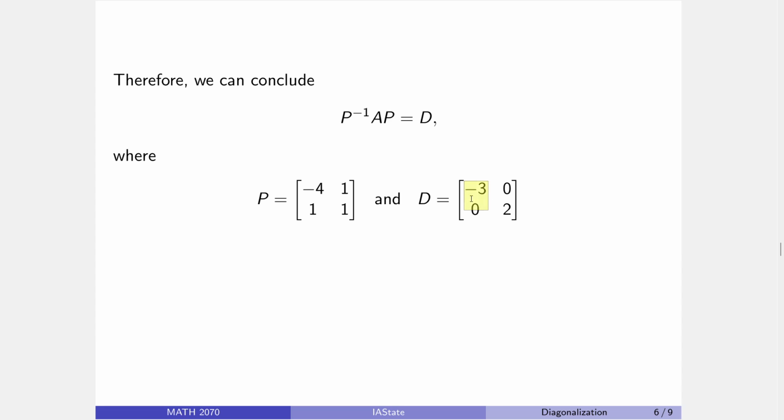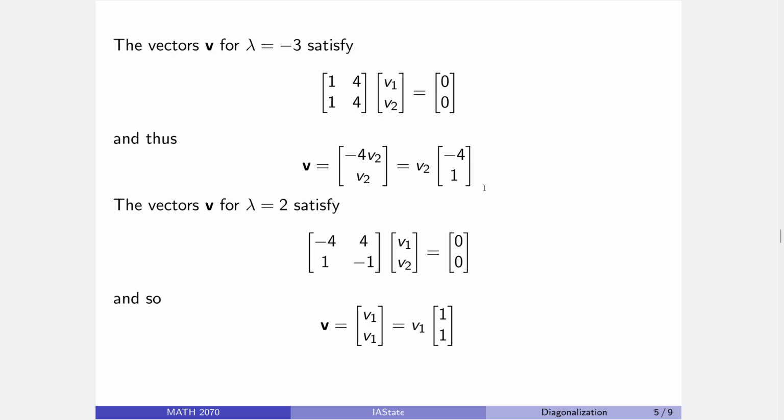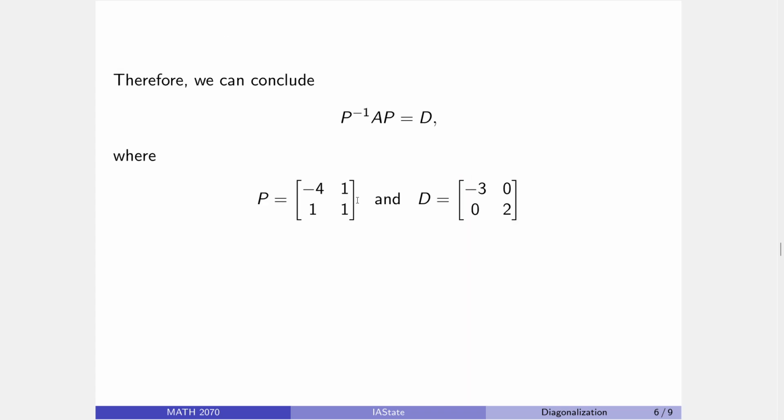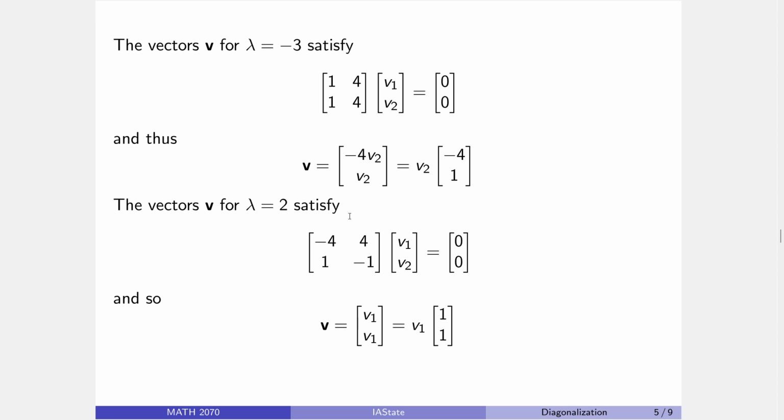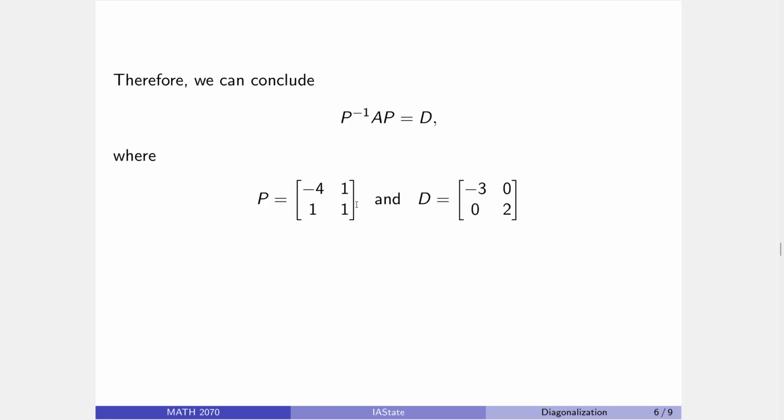So note the entry here, -3, the first column has to be the eigenvector associated with that. And again, we found a basis for it, and so that's the one we picked. You can pick any scalar multiple of this, it doesn't matter, but obviously we picked the cleanest one we can find, which is this. And similarly for the eigenvalue 2, the vector (1, 1), as we saw, is a basis for its eigenspace, so that's the one we pick.